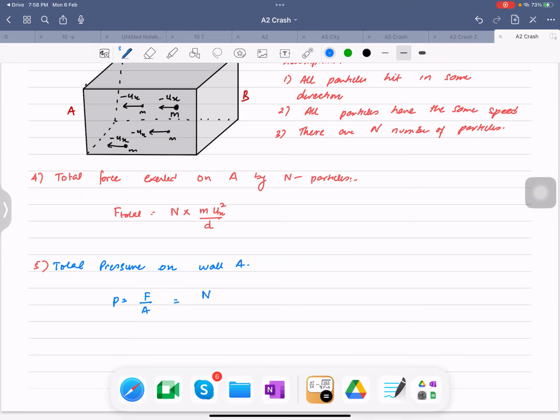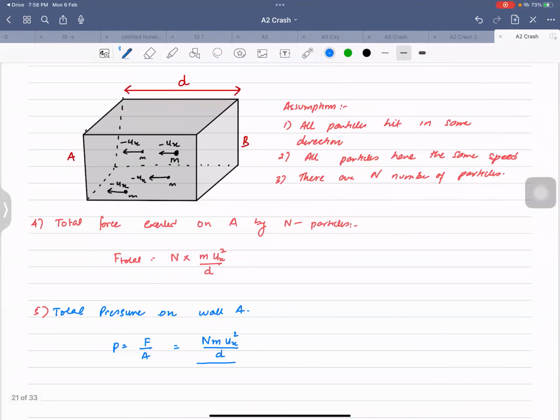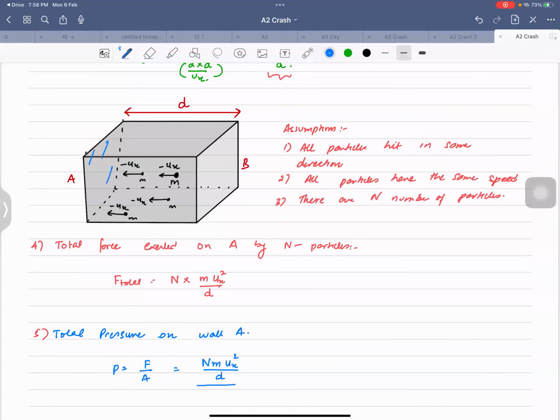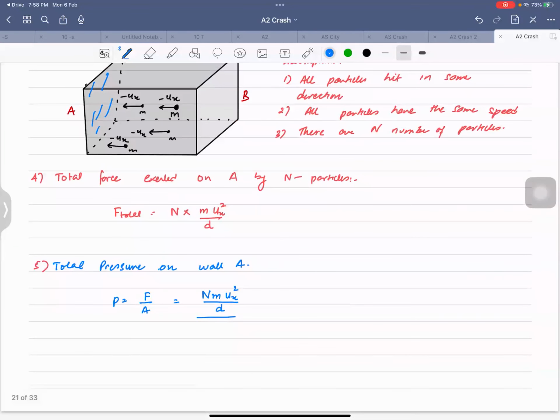The total force was nmux square over d, and the area of this was simply, let's say this is the area, so we'll call it area A. All right, is that clear?